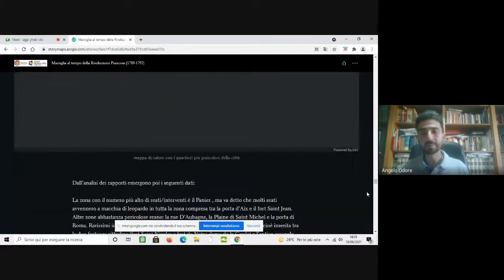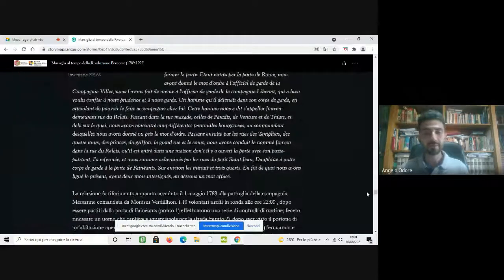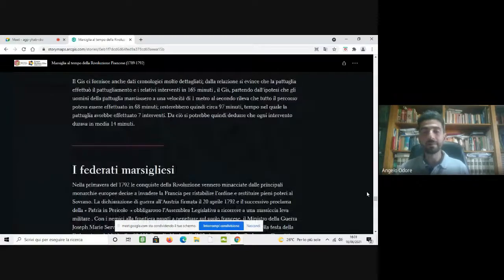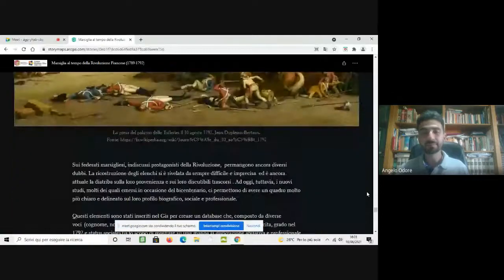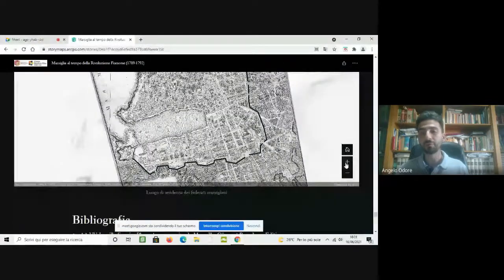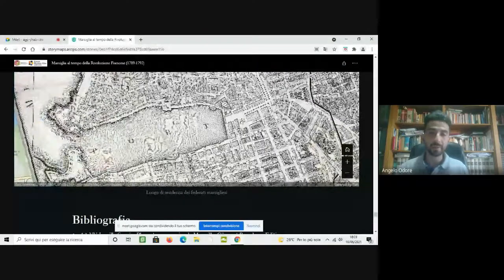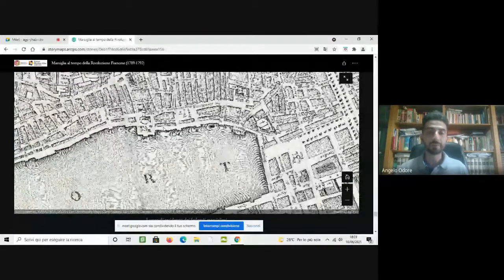This aspect was developed with the Musée d'Histoire de Marseille. It's a georeferencing of the Fédérés Marseillais, and this is an elementary function of the GIS. We have the punctual representation of each Fédéré.